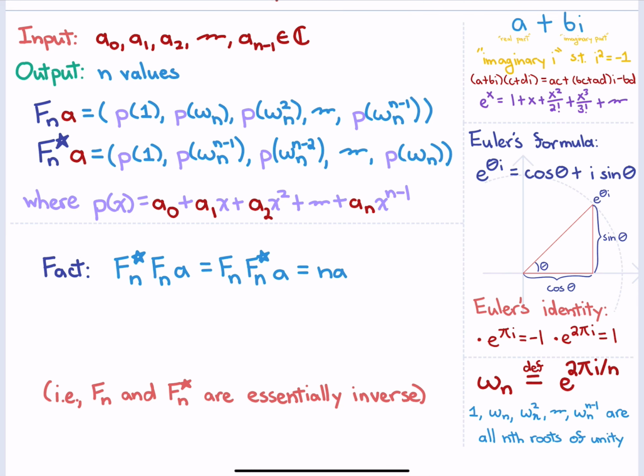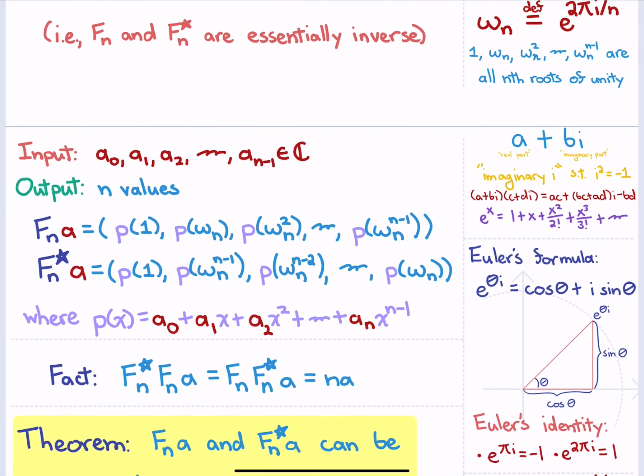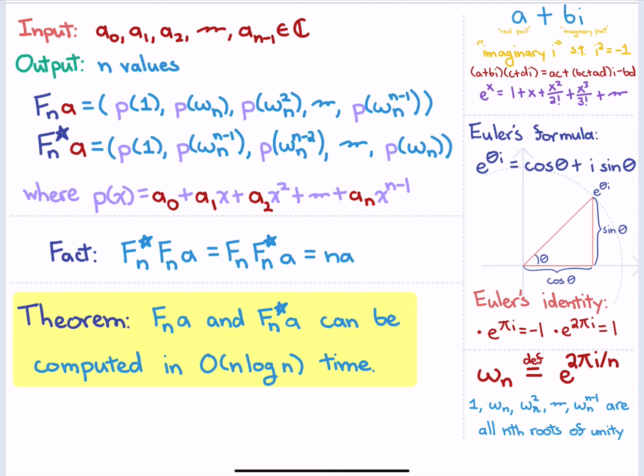All right, so that is what we'll spend most of our time focusing on, trying to get an n log n running time for this problem, like sorting basically. It's pretty impressive because it feels like you should be multiplying n squared things and adding up n squared things, but we're going to somehow take advantage of these roots of unity and some structure to only have to do n log n additions and multiplications and stuff like that.